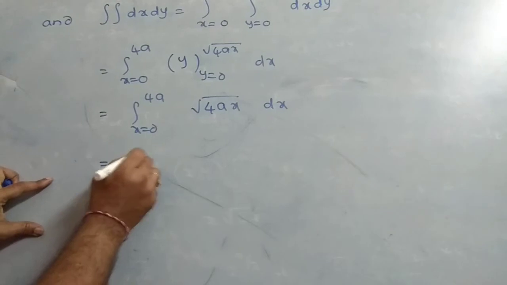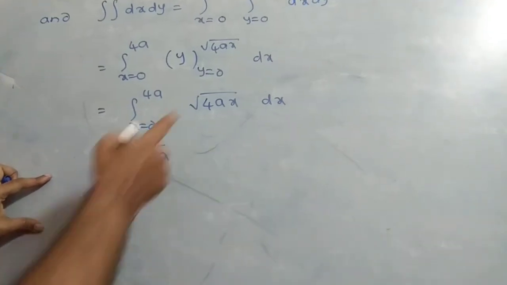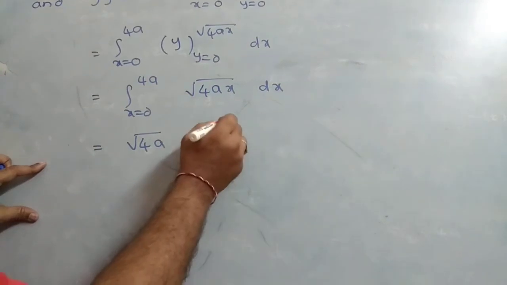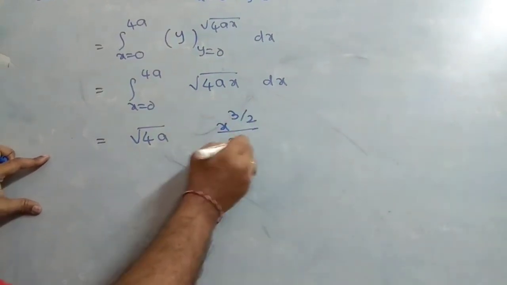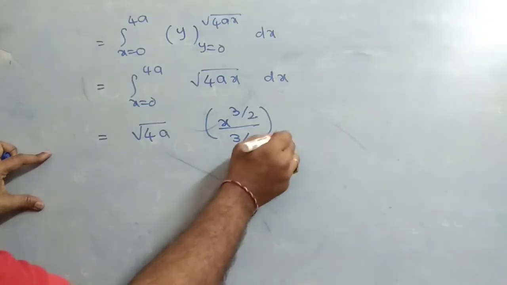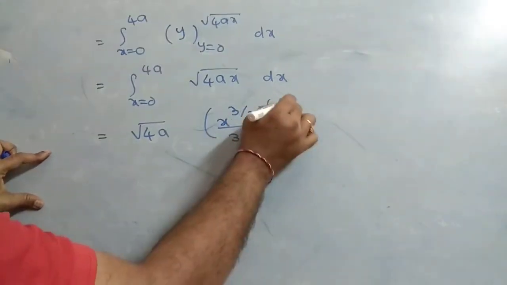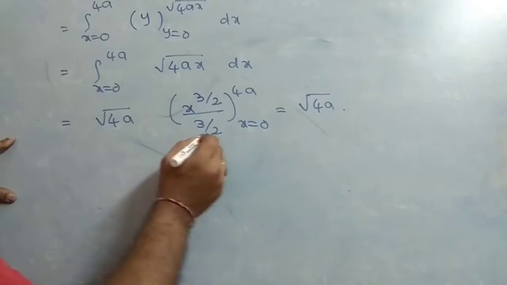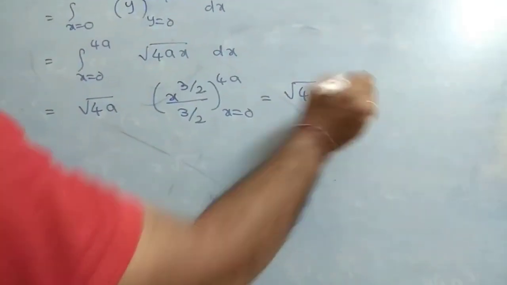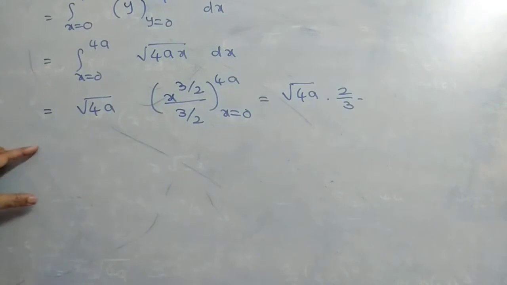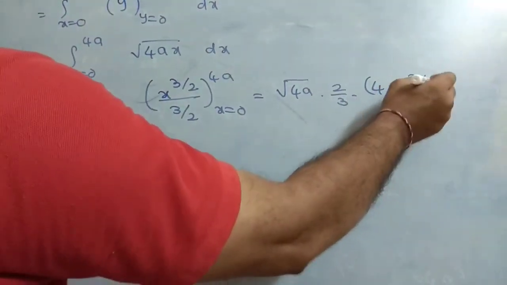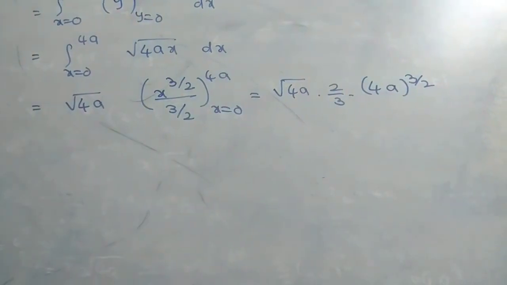Or root 4a is constant, x to the power of 1 by 2 is there, so its integration is x power 3 by 2 divided by 3 by 2. You are substituting the limits 0 to 4a, or I can write root 4a, that 3 by 2 you can write as 2 by 3, and when I substitute that upper limit, it is 4a power 3 by 2, and that lower limit is equal to 0.